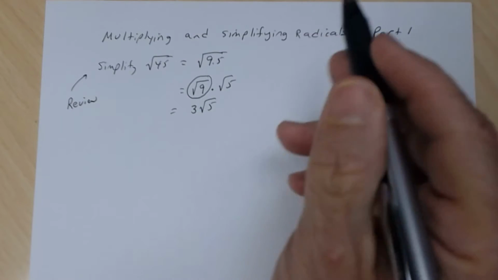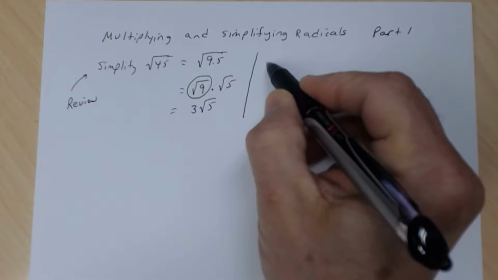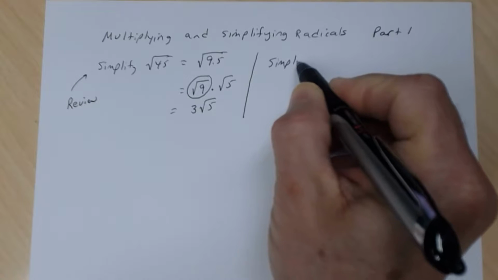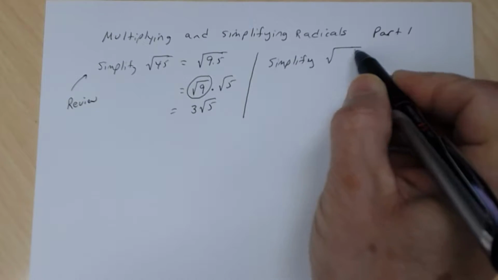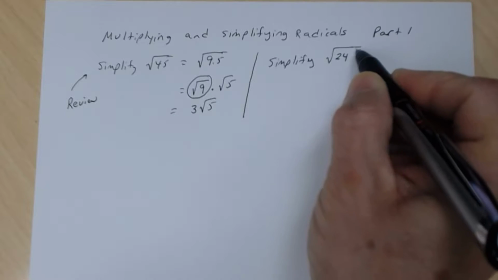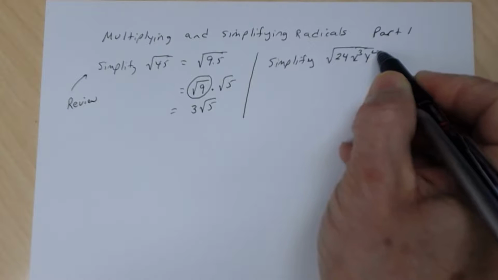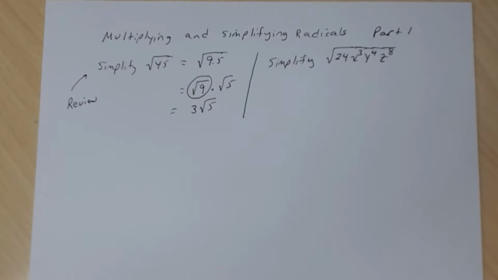All right. Now, the other thing you need to remember is this. If I want to simplify the square root of, let's say it was 24 x cubed y to the 4th power z to the 8th. Let's say we had that.